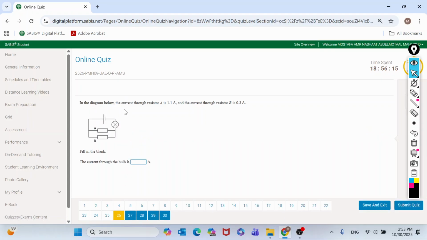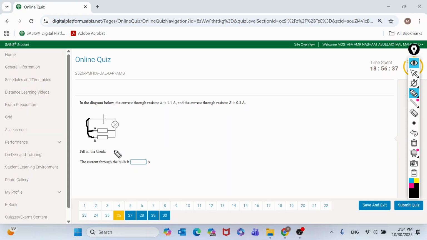Okay, in the diagram below, the current through the resistor A is 1.1, the current through the resistor B is 0.3. The current through the battery is... Okay guys, look. So here the current was what? We don't know. And then it splits up into two.